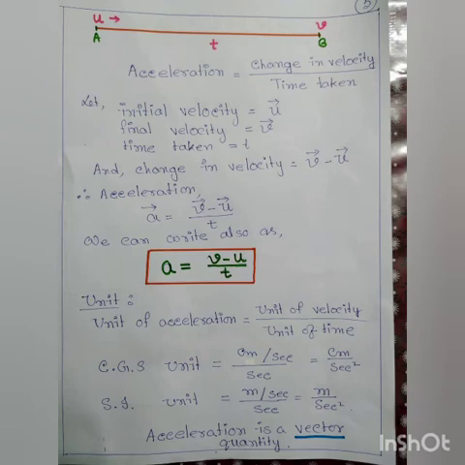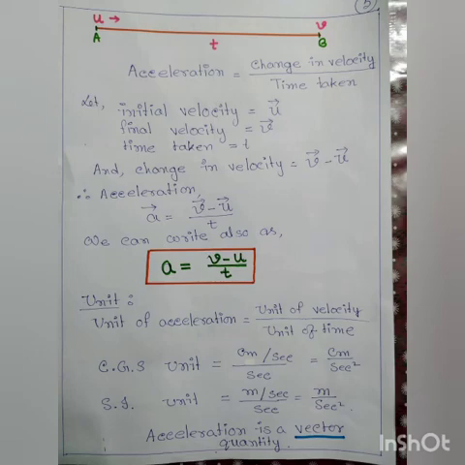Now some students sometimes have a misconception about acceleration. They think acceleration is just velocity by time. But actually it is not velocity by time. It is the change in velocity by time. Clear? So if initially the object is at rest, then initial velocity u is equal to 0 and final velocity will be v.